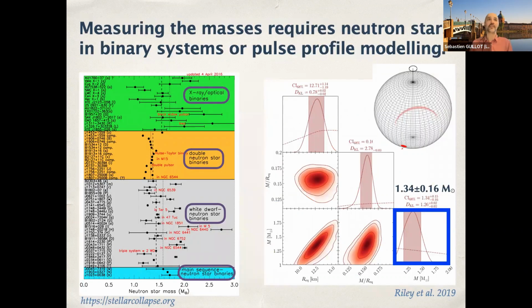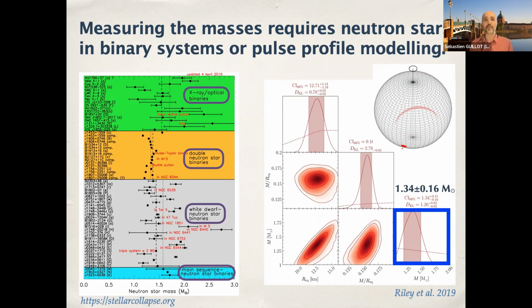On the left, you see a recent summary of all the neutron star masses that have been measured. I won't be talking about this in too much detail because most of those measurements are done in the radio and not in the X-rays. And this is an X-ray astrophysics talk, so I leave that aside.